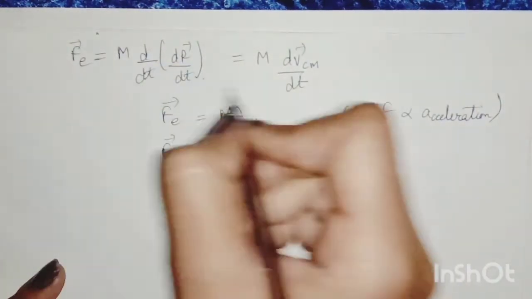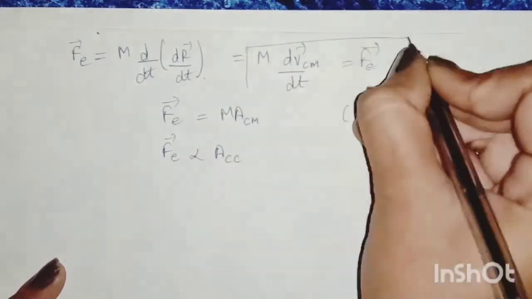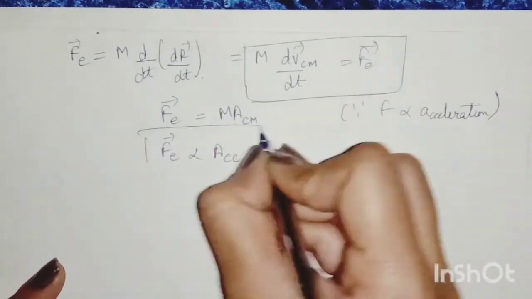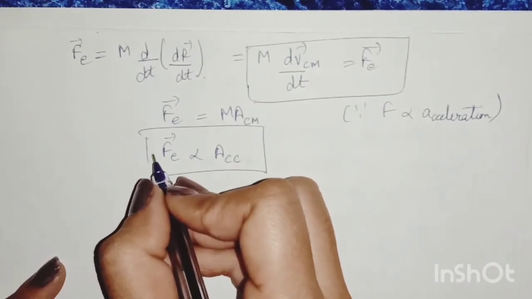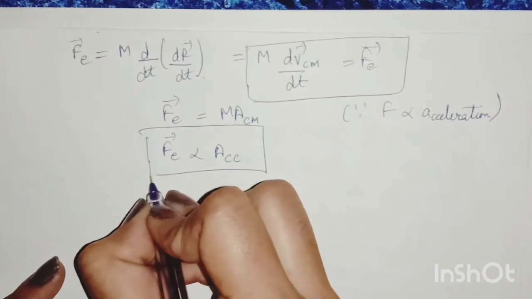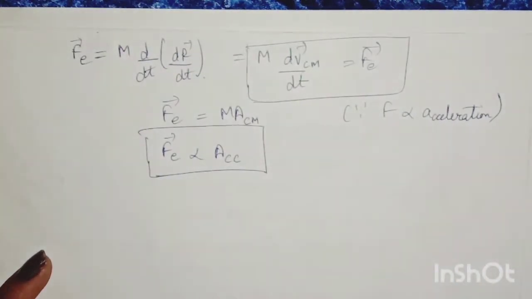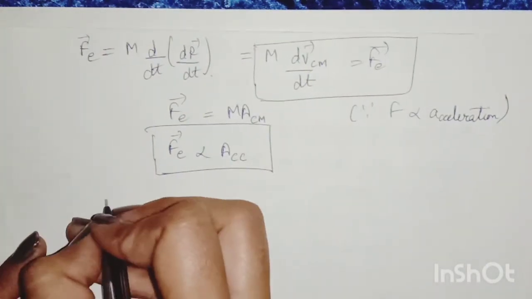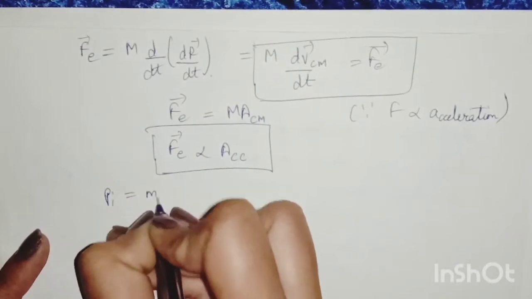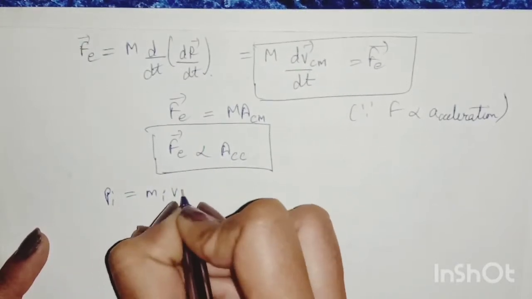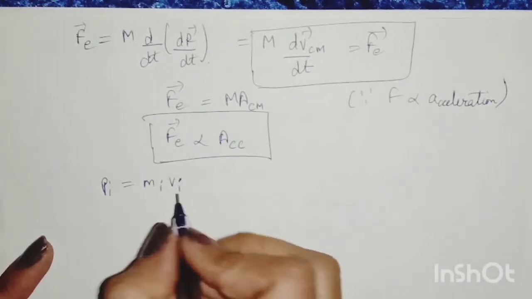So this is F internal for velocity. This is for external, F external for velocity and F external for acceleration. Now we have Pi, which is equal to Mi Vi, that means momentum is the product of mass into velocity.